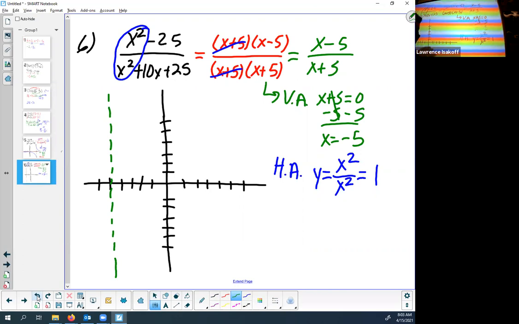So I put my dashed line there. My horizontal is at 1. Put my dashed line there.